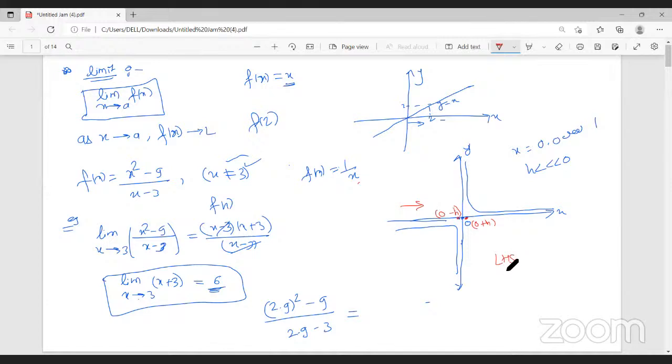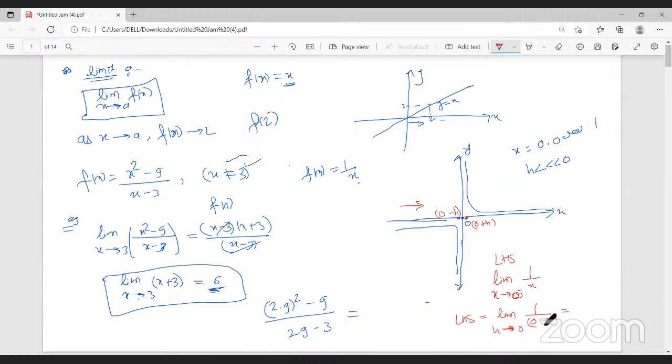My left hand side limit will be the limit of 1 by x as x tends to 0 minus. I can write it for the left hand side limit with h tends to 0, and I can put 0 minus h instead of x here, right?